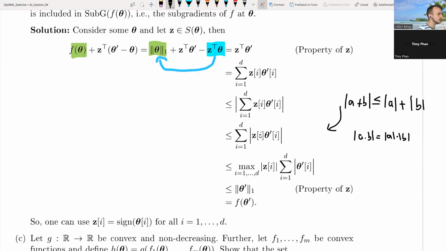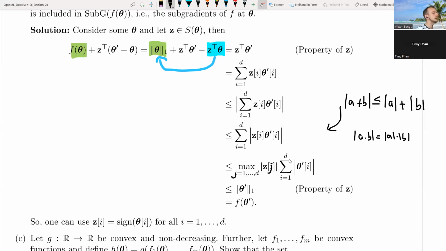We can make this smaller or larger or equal if you replace here for the zi the largest absolute component of the z, which is here. If we do this, we don't have any dependency on the summation index i, so perhaps I should have used a j here to not confuse you.